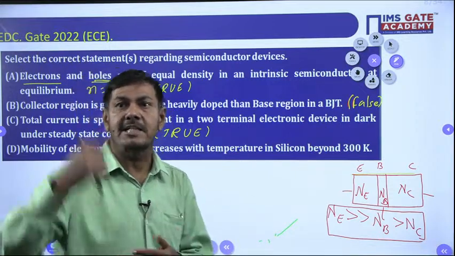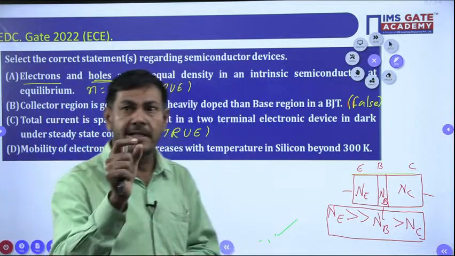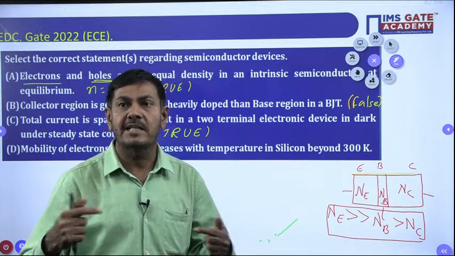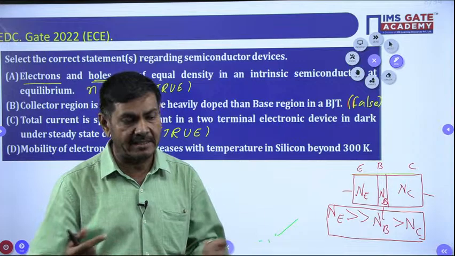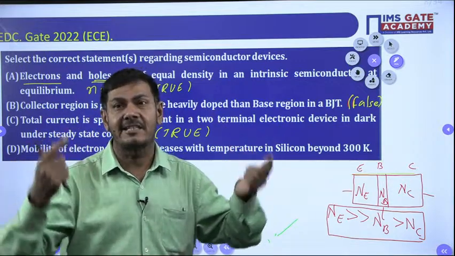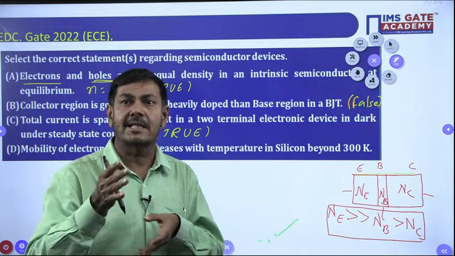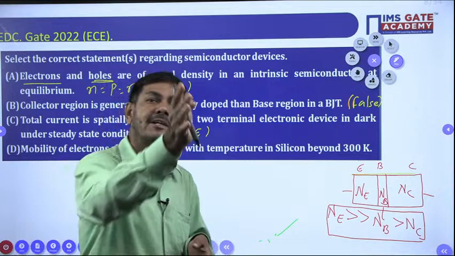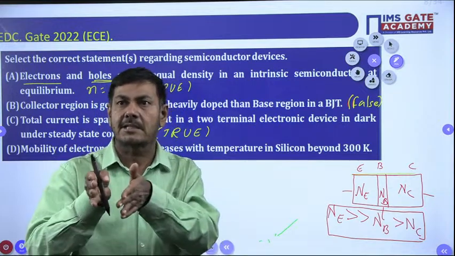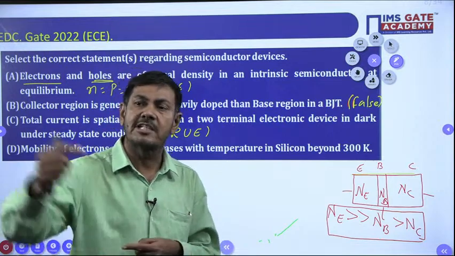Sir, when the temperature is increased, how can you say the mobility of electrons decreases? Whenever more temperature is given to the material, electrons absorb it and get excited more. When excited more, they do not move in a straight direction, they move in a zigzag path. When the temperature is low, they move in a straight direction and easily reach the next terminal.